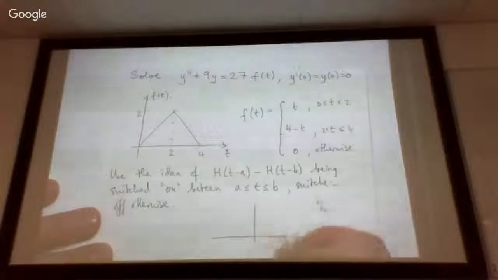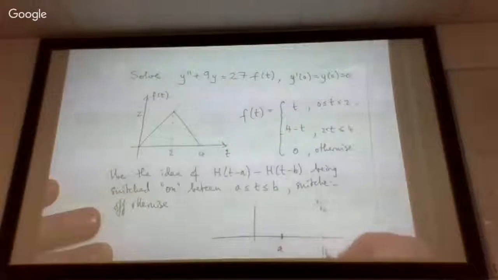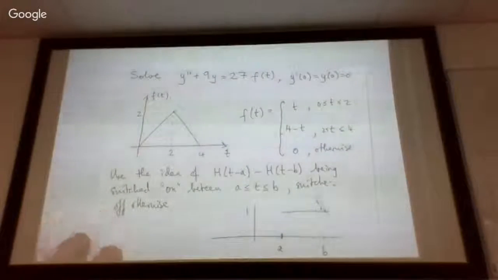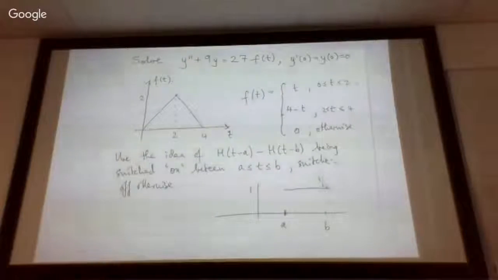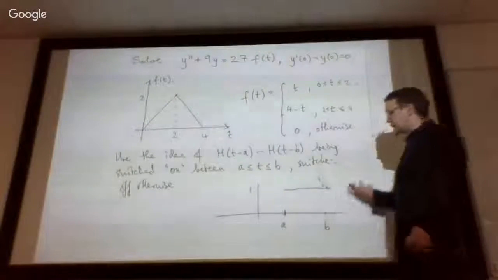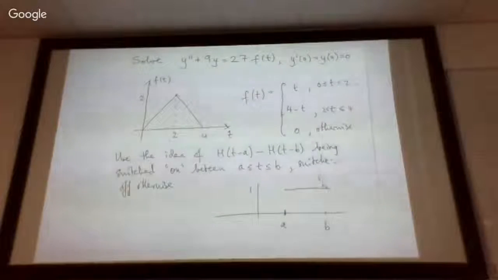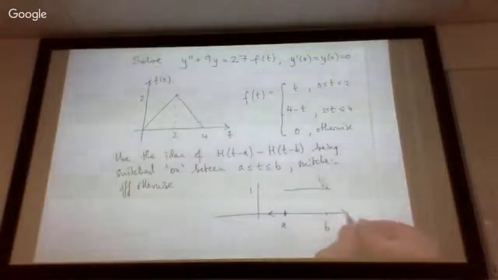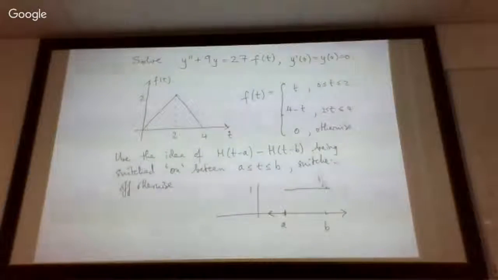Just to remind you, if you've got any two numbers and you want a signal that's switched on, equal to 1, between those limits a and b, and switched off, i.e. equal to 0, at every other position, then it's this difference of Heavisides, h of t minus a minus h of t minus b.